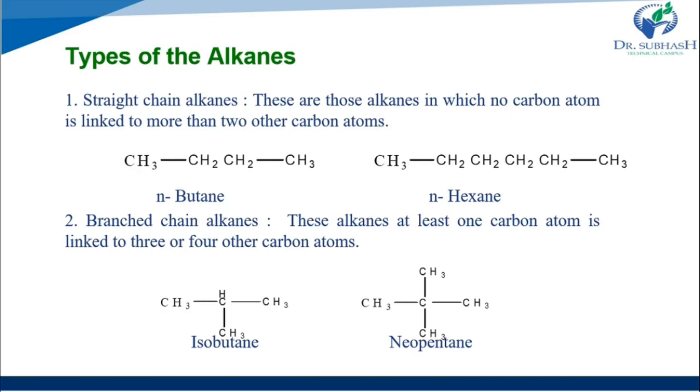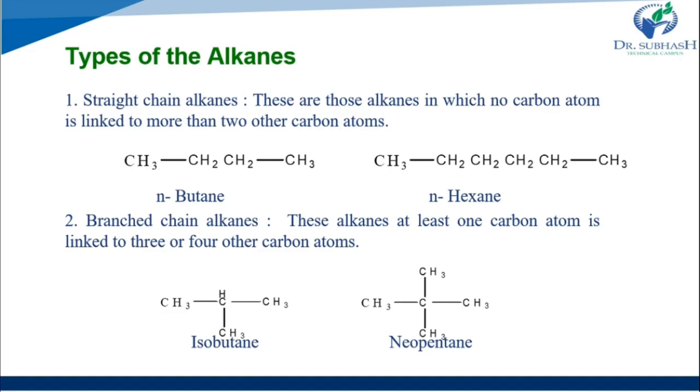The second one is branch chain alkane. In this, one carbon atom is attached to 3 or 4 other carbon atoms, so that carbon atom is called a tertiary or quaternary carbon atom. The proper definition of branch chain alkane is that in these alkanes at least one carbon atom is linked to 3 or 4 other carbon atoms.